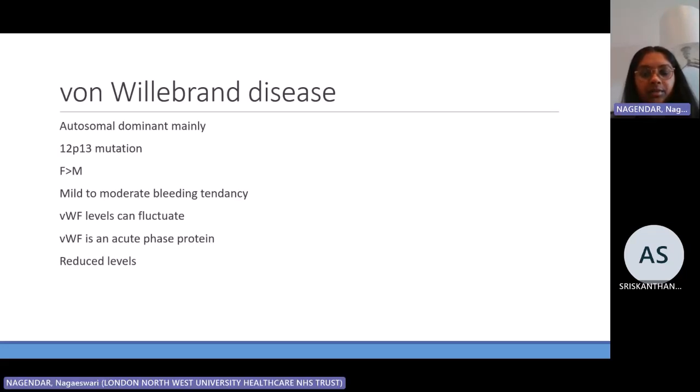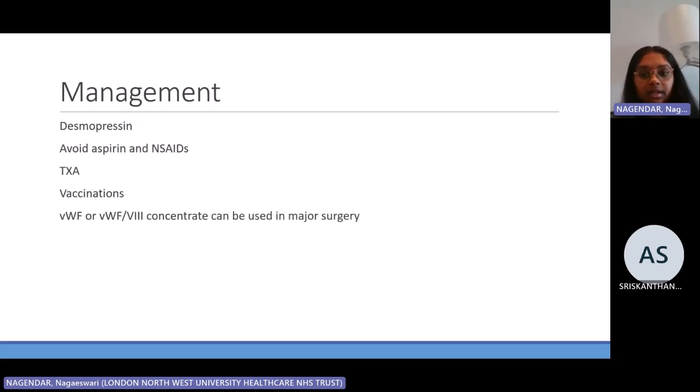Von Willebrand factor levels are dependent on the ABO blood group, so they're naturally or typically lower in blood group O than non-O. Okay, and in this disease, patients will present with reduced levels. And not only are the levels reduced, but sometimes the function can also typically be mildly or moderately reduced.